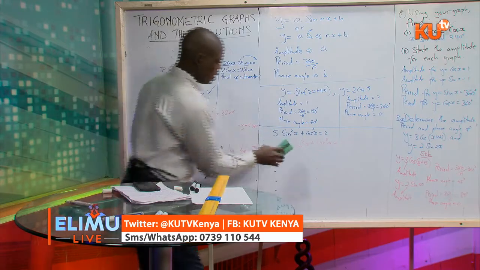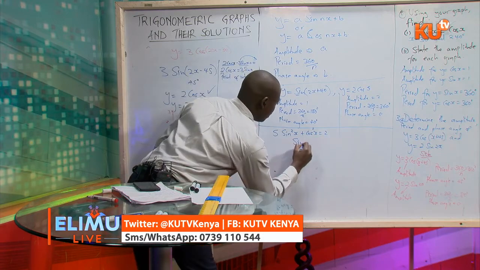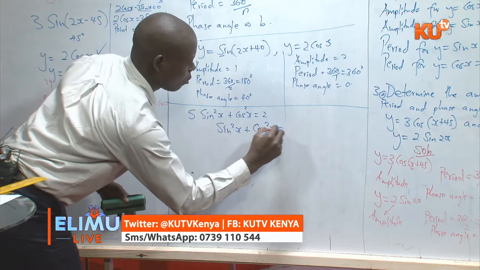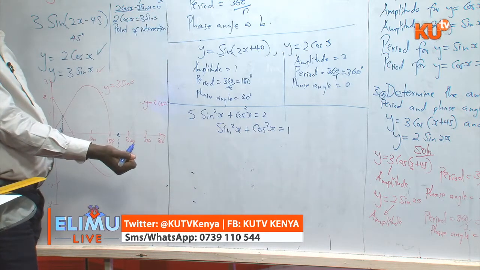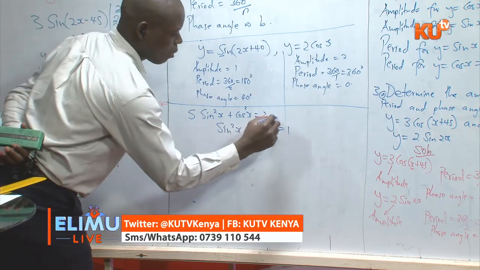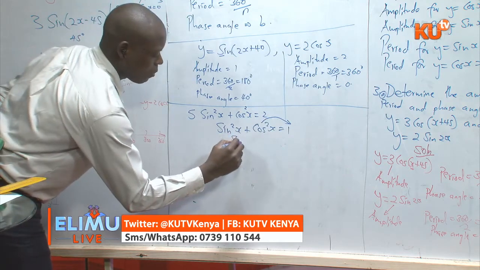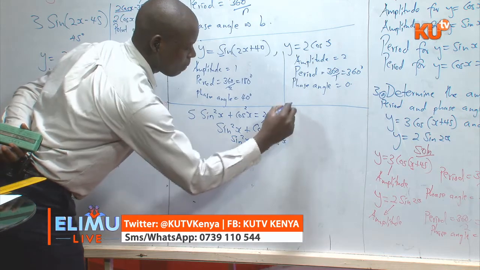So what we'll do is, having sine squared x plus cos squared x is equals to 1, I will either decide to eliminate sine or cos. If I do with sine, I will take cos to the right-hand side. So it implies that sine squared x is equals to 1 less cos squared x.